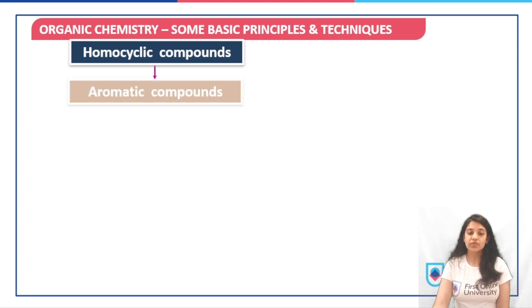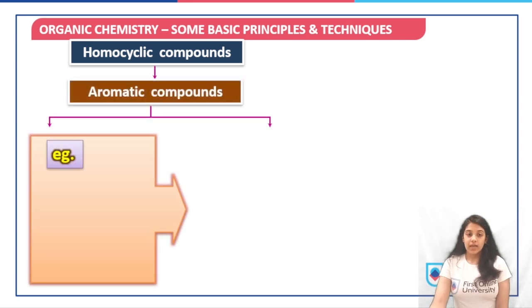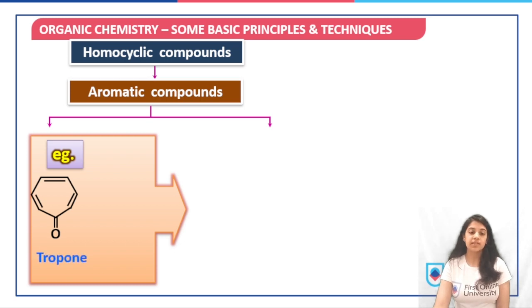So let us look at this category where we have another form of compounds which have 7 members, like 7 carbon atoms with a double bonded oxygen, that is called tropone. Or you can also have an OH present along with a double bonded oxygen called tropolone.